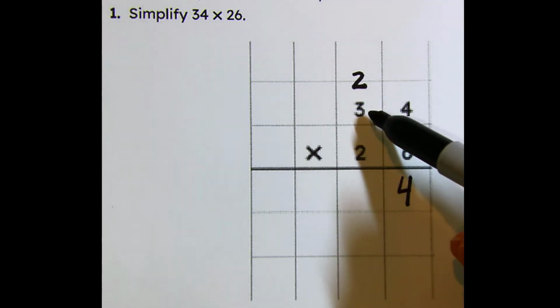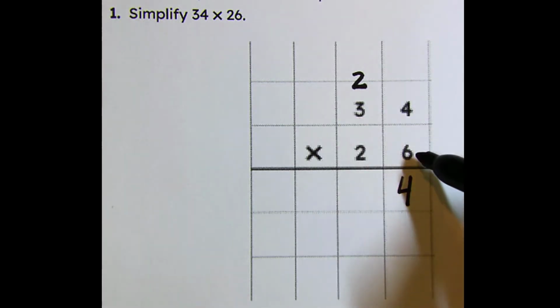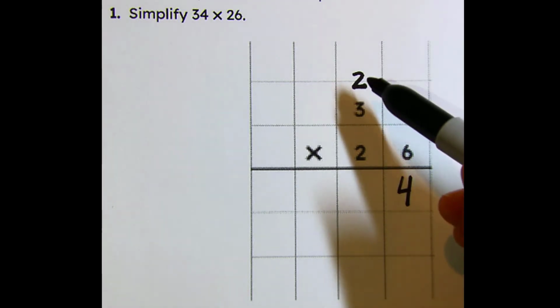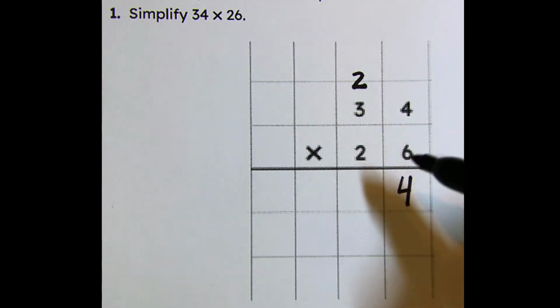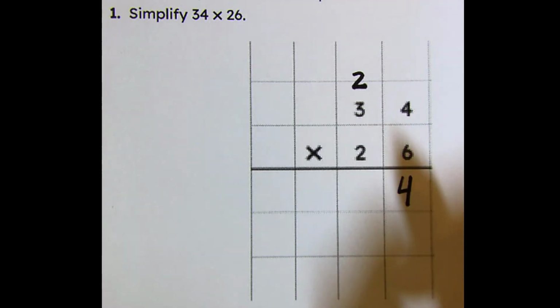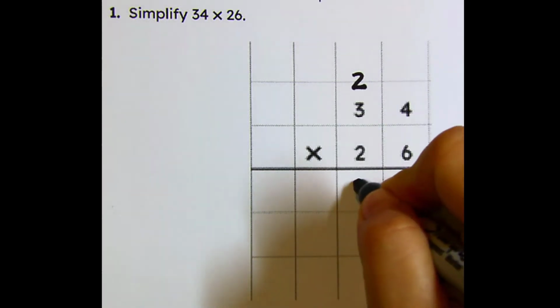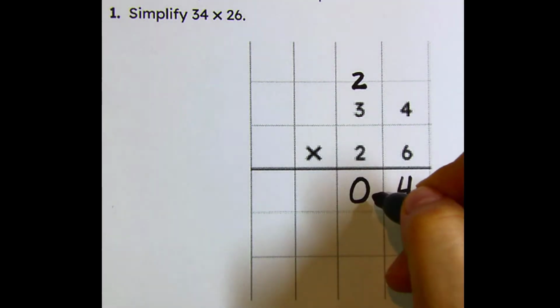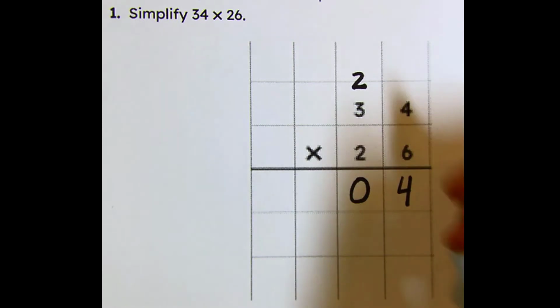Ones times tens is tens, 6 times 3 is 18, plus that 2 is 20, so that gives me 20 tens. Now 20 tens is the same as 2 hundreds, so I put a 0 in the tens column.